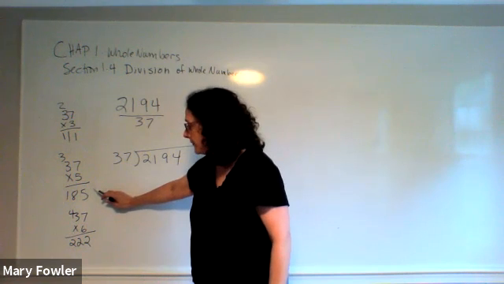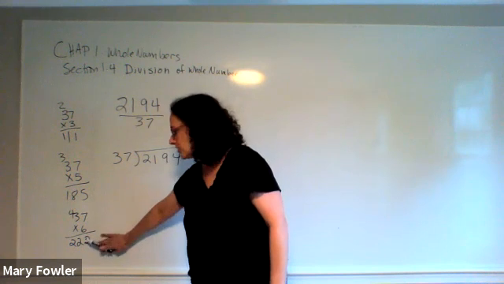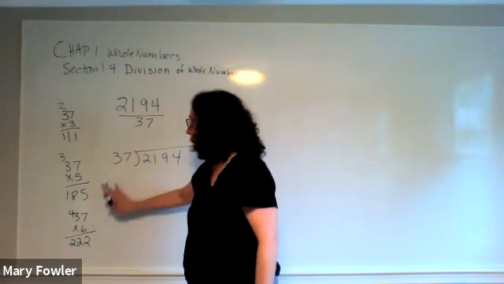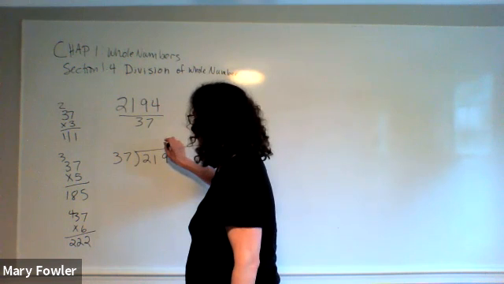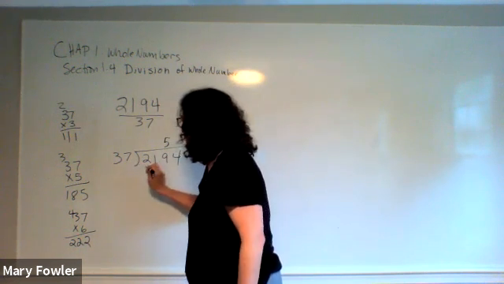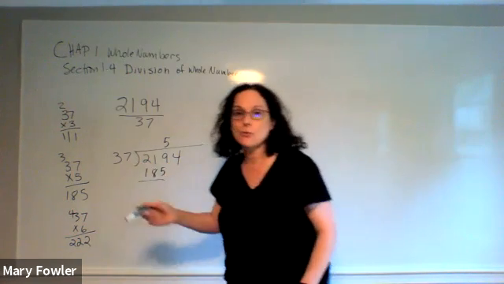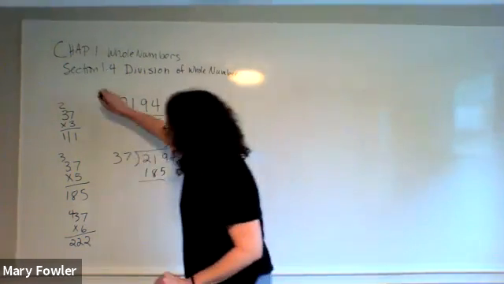So it's 5, because if we go up one more time, it's too big of a number. So 37 into 219 is 5. And 5 times 37 is 185. Another good reason to hold on to your work on the side panel.